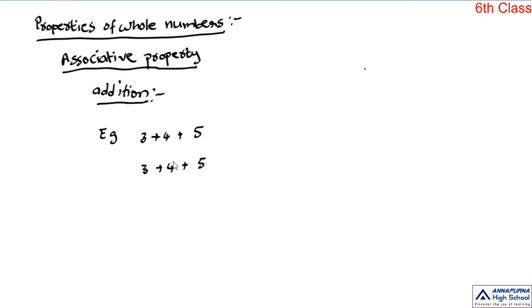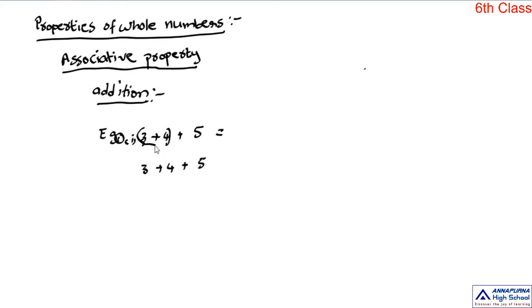Here in this example we can do addition of three whole numbers in two different ways. First way, first we add 3 and 4.